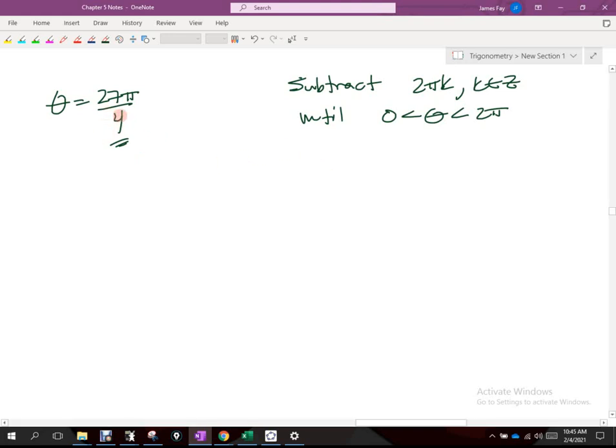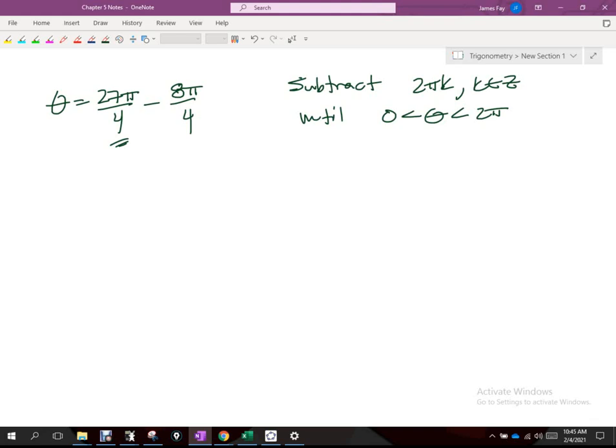So I'm not going to use 2 pi in that format. Because my denominator here is 4, I'm going to subtract 8 pi over 4. That's still 2 pi. But now because the denominators are the same, all I have to do is the mental math: 27 minus 8.